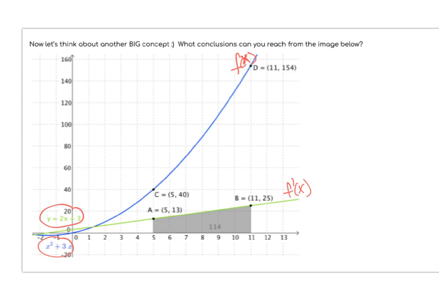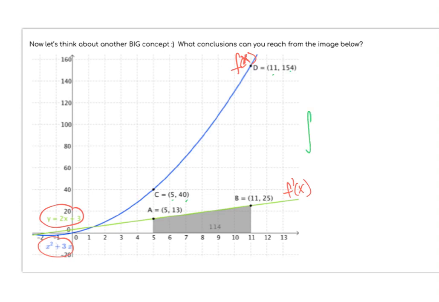All right. The second thing that is important for us to notice is that these points, so 40 and 154, are connected to this stuff down here.